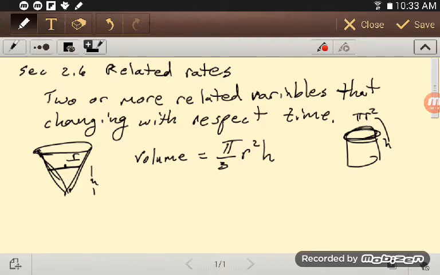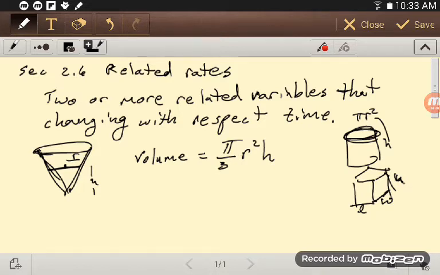But if you take any sort of base, so if I had a rectangular prism like this, and here's a height, and a width and a length, my volume is length times width times height.